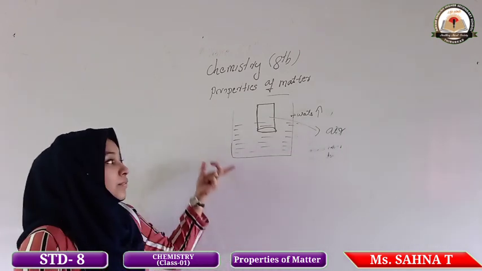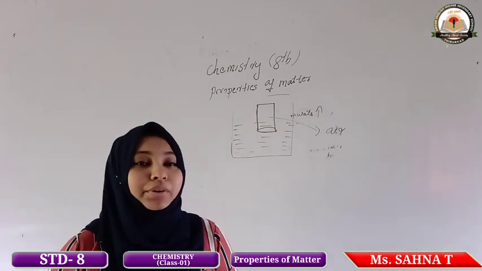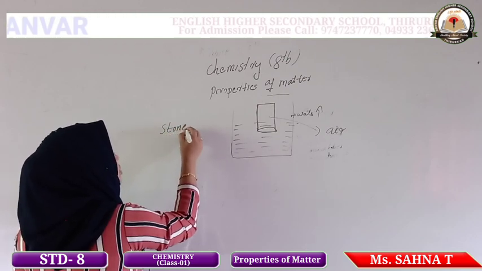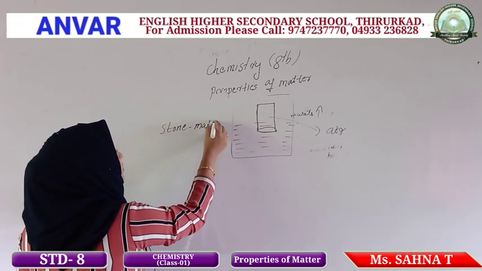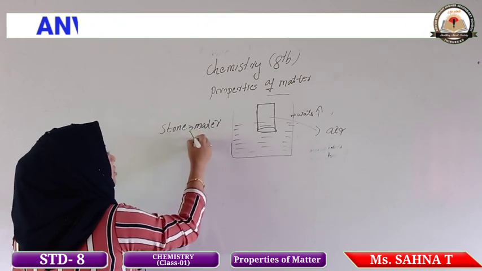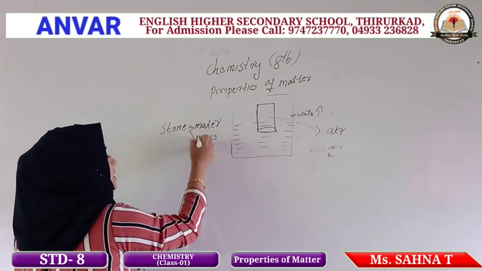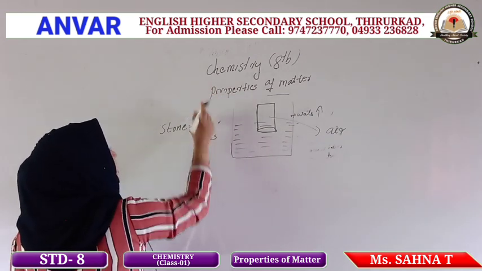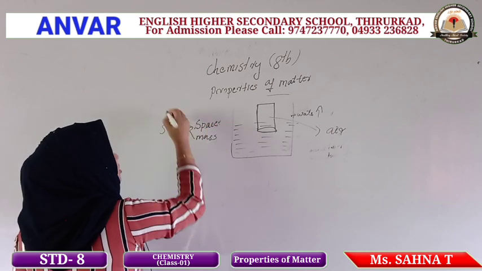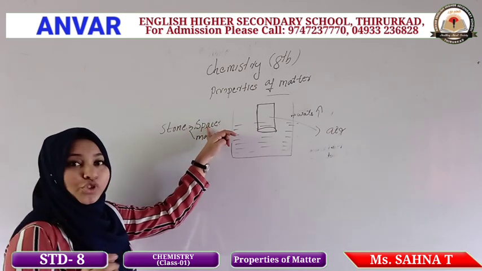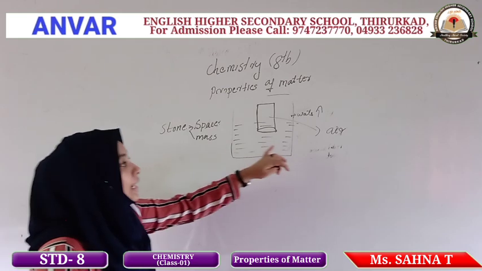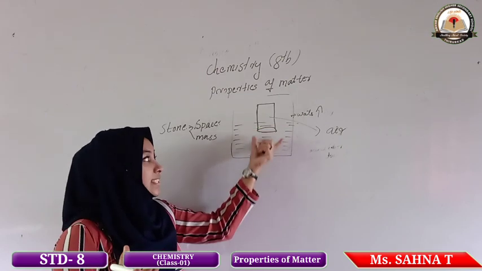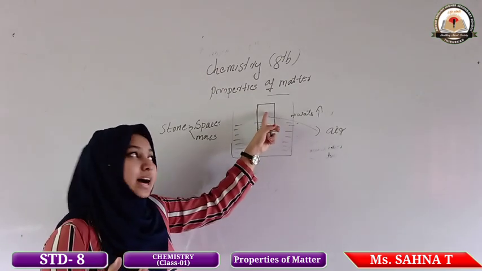From the two experiments we found that the stone is also matter. The stone has mass, and it needed space to exist. Again, the glass tumbler needed space to exist in the water, and it also has mass.